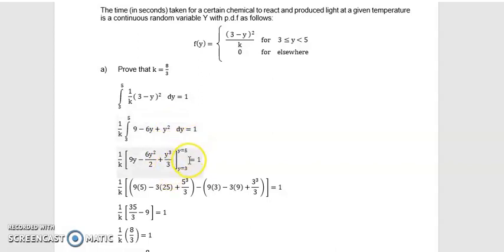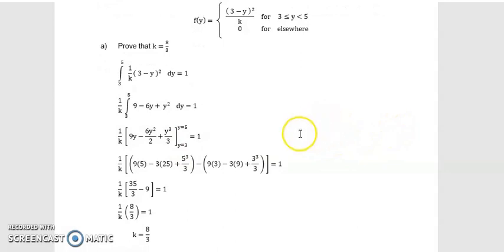Then substitute the limits, lower equal to 3 and upper equal to 5. When you substitute, you will get k equal to 8 over 3. It is okay if k is more than 1, because it is not a probability value, it is a constant value.